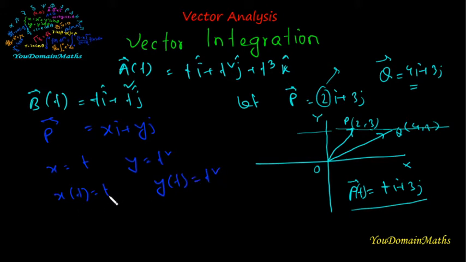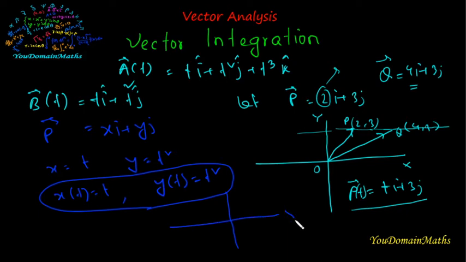So y is a function of t and x is a function of t. This is the parametric equation of a parabola. So we can see the figure of the parabola, and we can say that the b vector is a parabola.